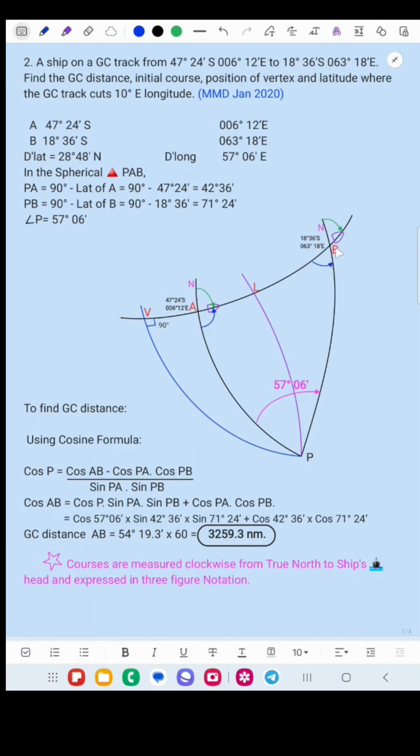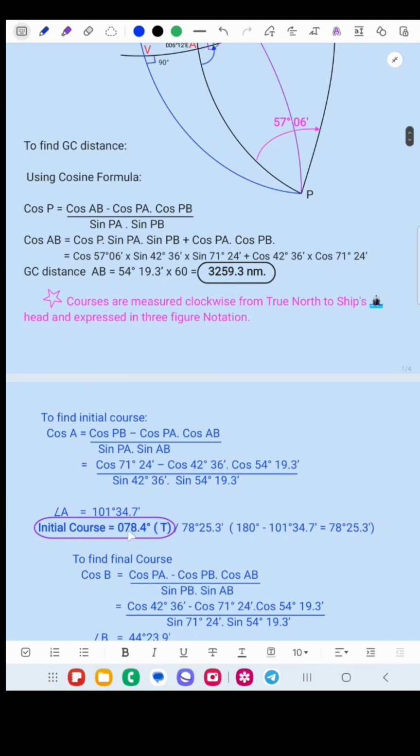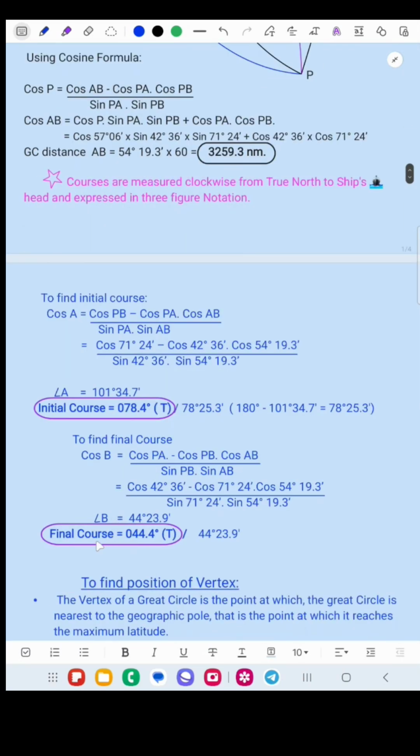For B, the direction of true north will be this one. So starting from true north, we measure up to ship's head. This angle and this angle are the same, diagonally opposite angles. So angle B is equal to final course, that is 044.4 degree true.